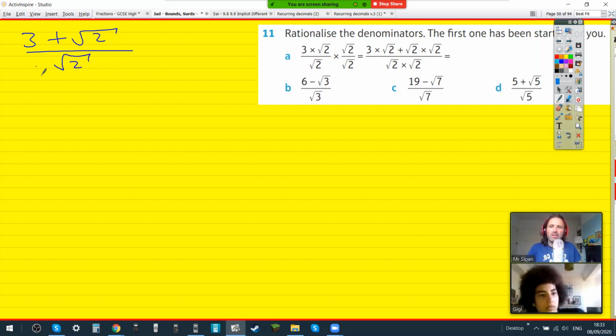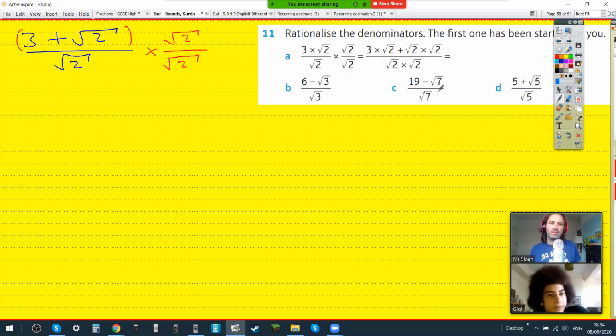Okay, so how do we rationalize this? You would do the same as before, times the top and bottom by root 2 over root 2. Multiply everything on the top by root 2.